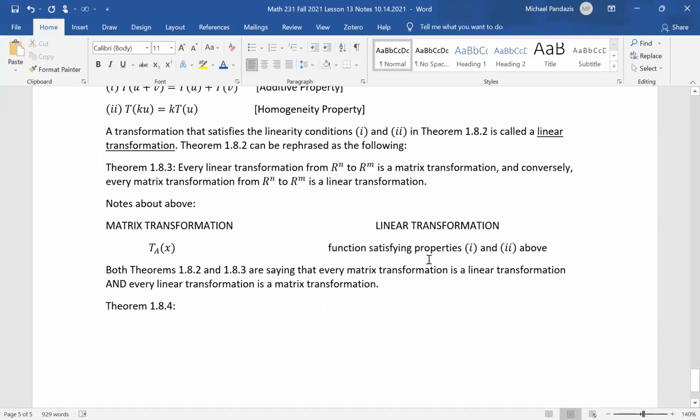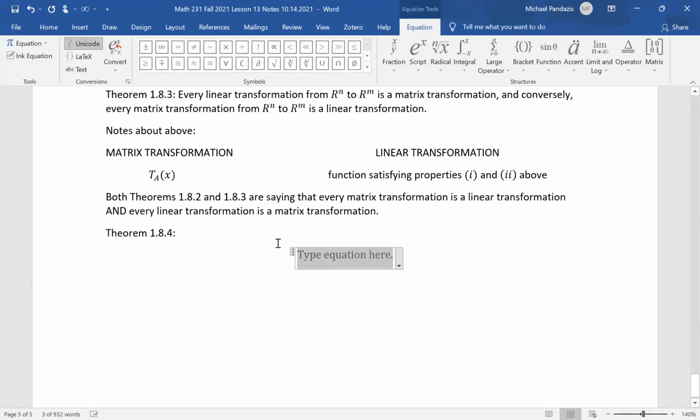Okay, so theorem 1.8.4. This is an implication statement. I'm going to illustrate it in this way.